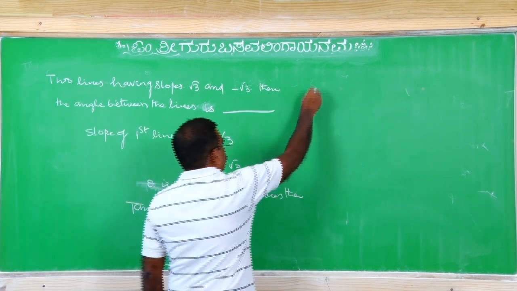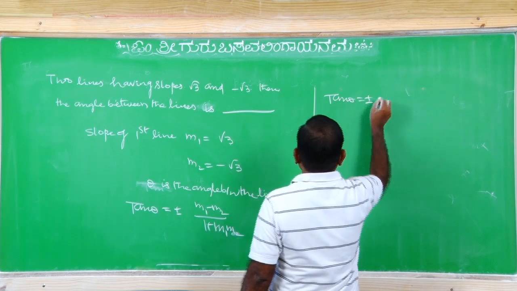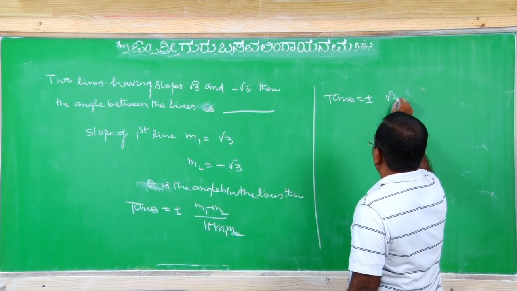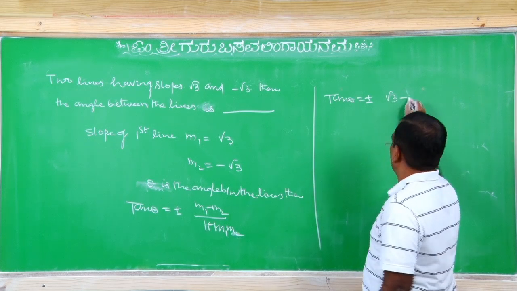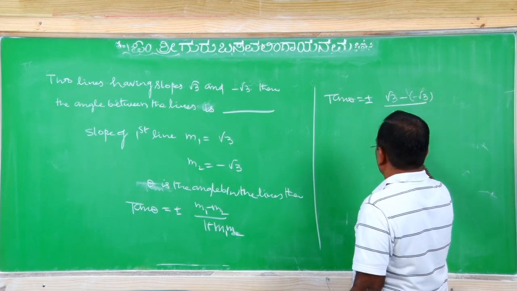Now apply. Tan theta is equal to plus or minus M1, which is root 3, M2 is minus root 3, by 1 plus M1 M2.